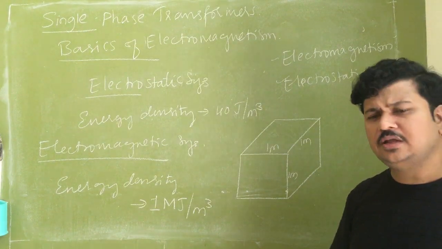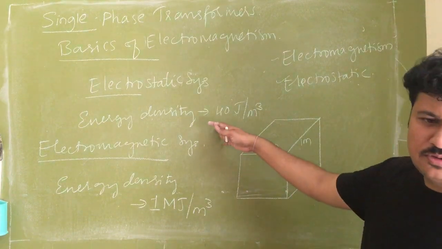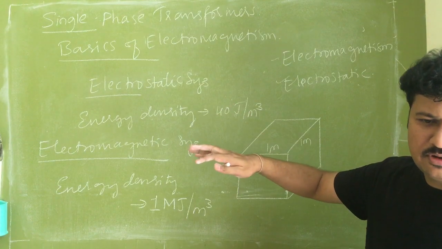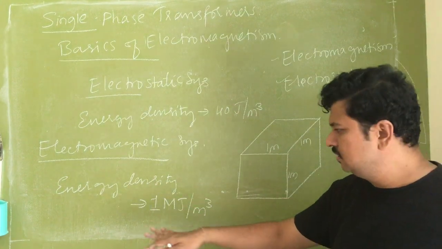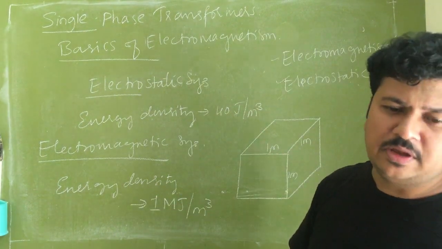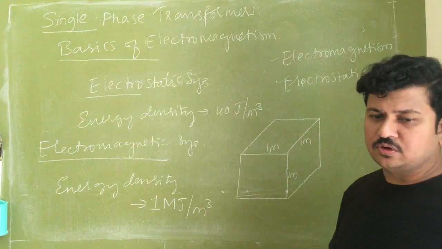It takes a large amount of space to get the same amount of energy storage that the electromagnetic system will store.